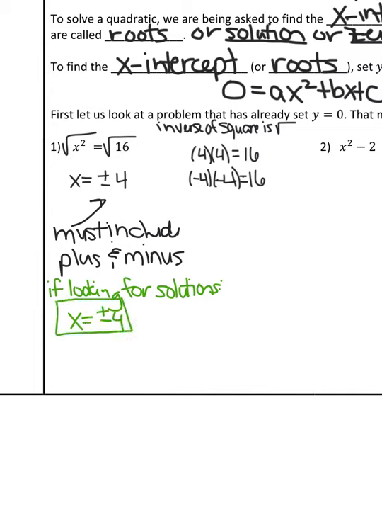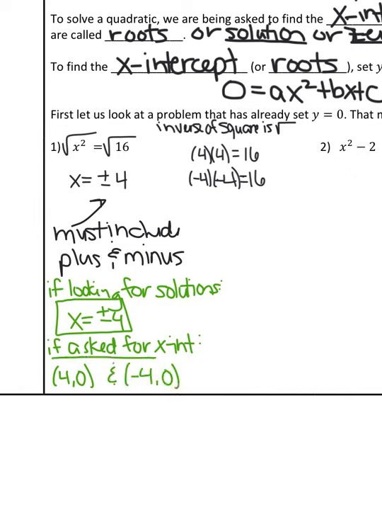This is the solution. But if we're asked for the x-intercepts, this is a distinction we need to be careful about. Because if we're asked for x-intercepts, then our answer would be (4, 0) and (negative 4, 0).